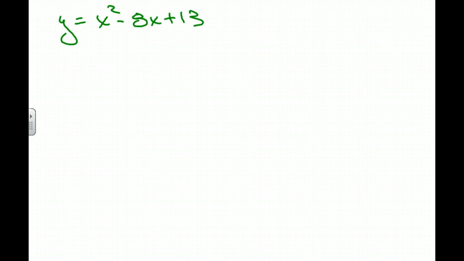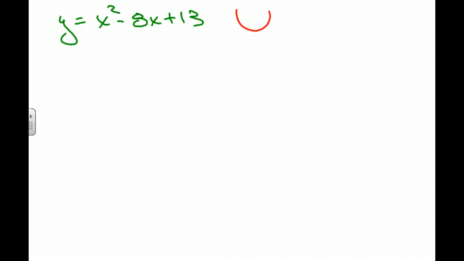So, if the number in front of the x squared is positive, in this case it's a 1, right? And it's positive. People with a positive outlook on life are always what? Yeah, so it opens that way. That's the way I remember it. Positive outlook on life, smiley.